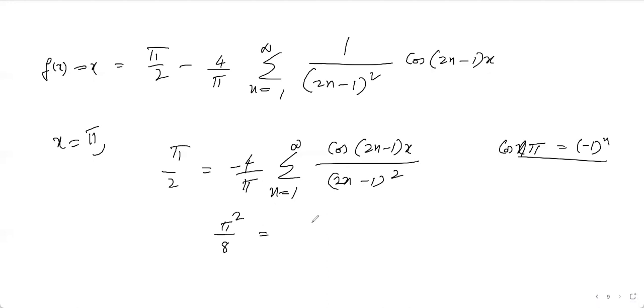So hence we obtain pi square by 8 as the summation n equals 1 to infinity of 1 by 2n minus 1 whole square. So this is the required result which we found.